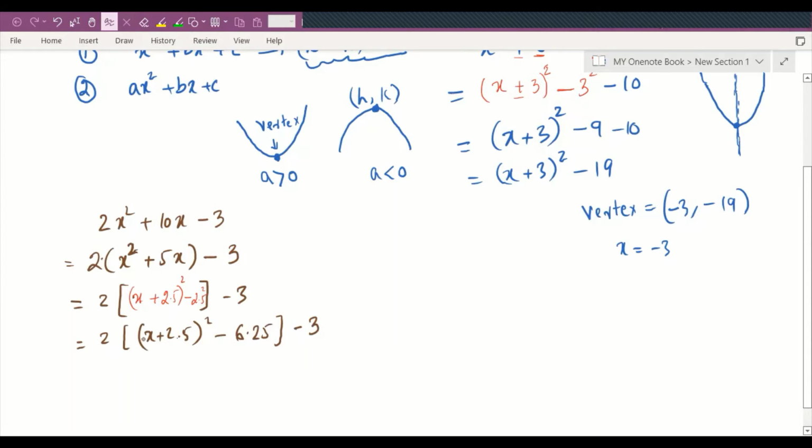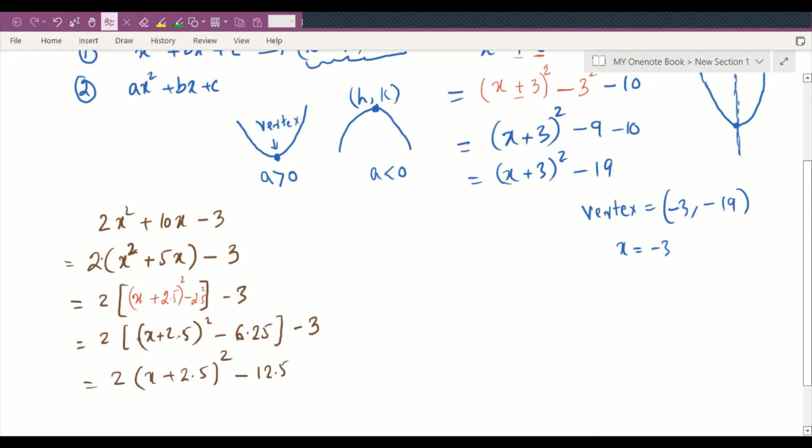We will multiply 2 with the terms inside the bracket. So 2 times x plus 2.5 squared, and then this 2 will be multiplied with negative 6.25. So 2 times this is 12.5.